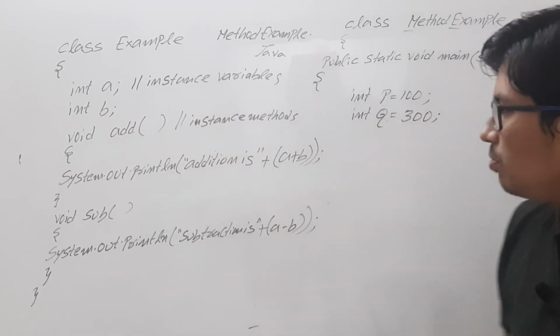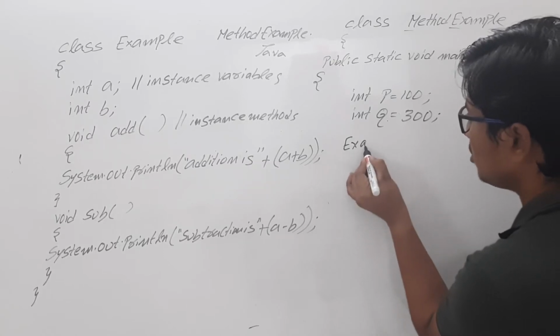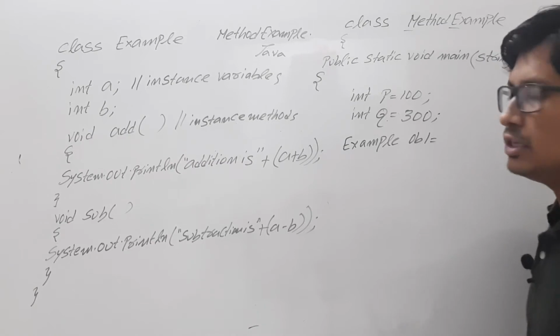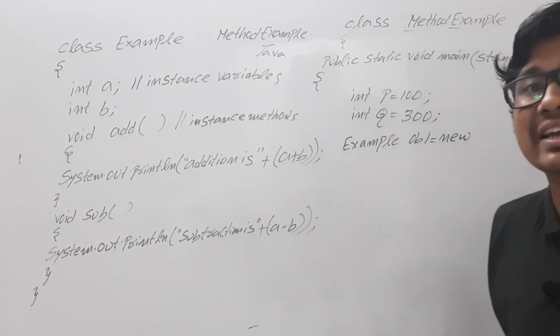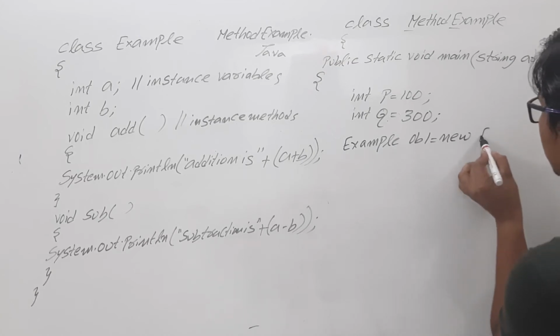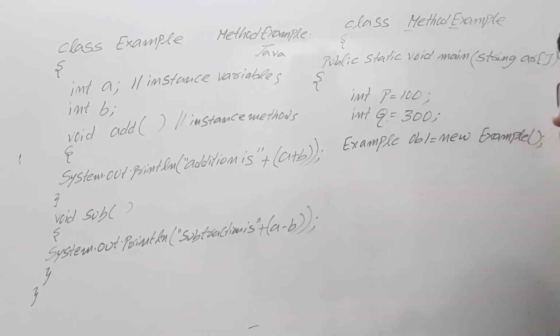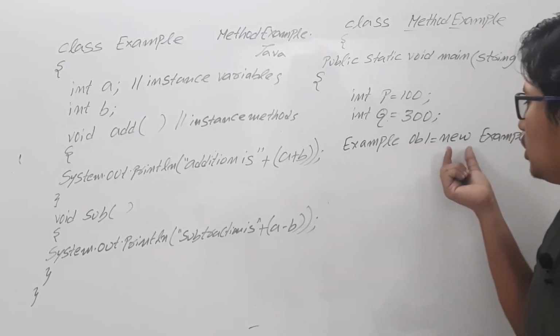So how can you create an object? Class name, which is Example, object name, let me write it as ob1 is equal to new. The new keyword will be useful for you to allocate the memory, and then you will have the class name, which is Example in this scenario. Let me end with a semicolon. So you'll have class name, object name is equal to new class name.